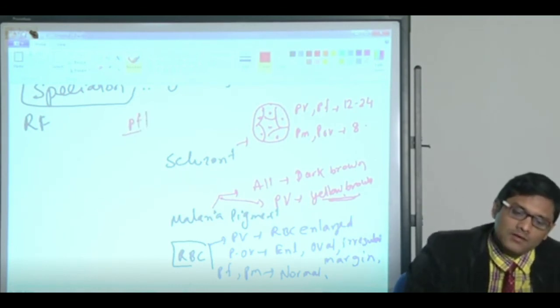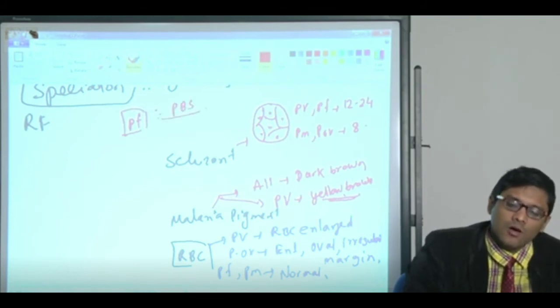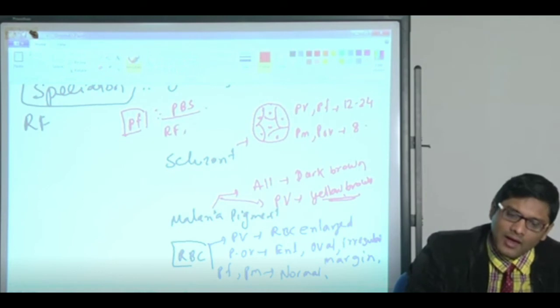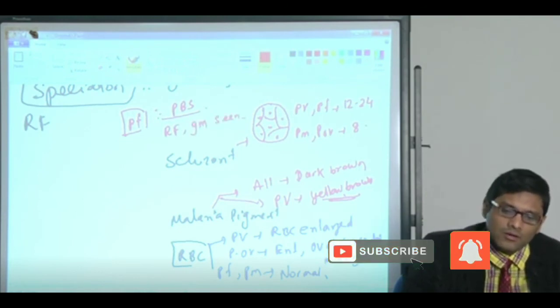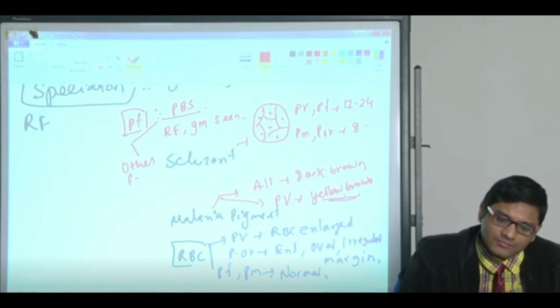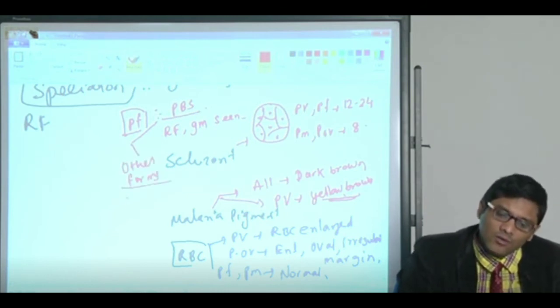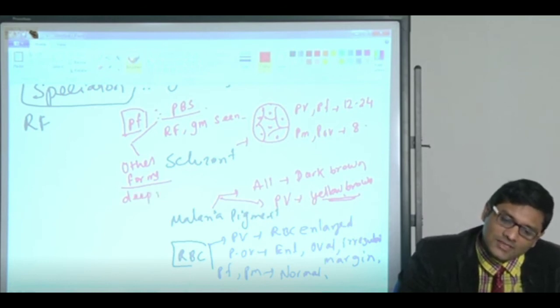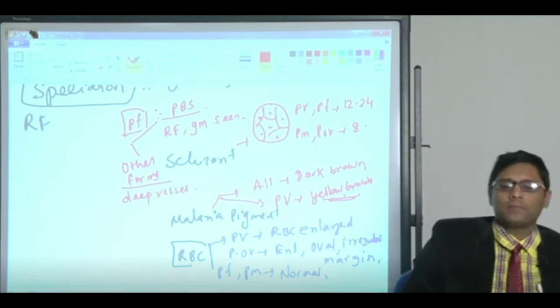One more thing I want to emphasize here: in falciparum, in the peripheral blood smear examination, only ring forms and gametocytes are seen. The other forms are seen only in the deep vessels, not in the peripheral blood.